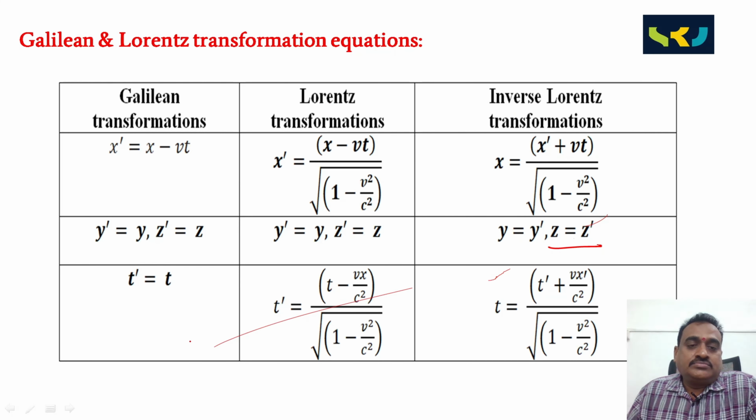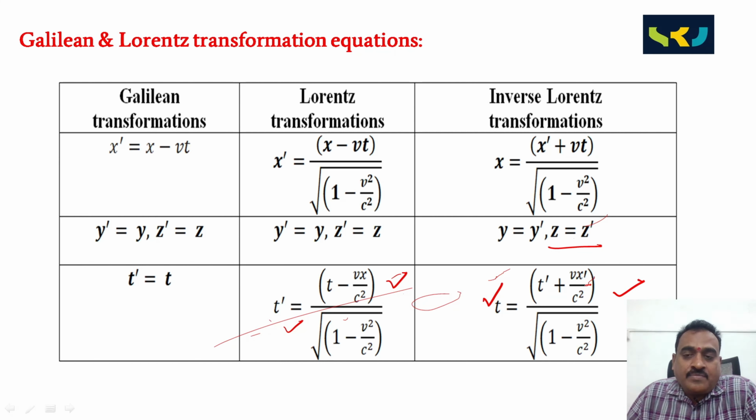In Galilean, t dash is equal to t. In Lorentz transformation, t dash is equal to t minus Vx by C square, all divided by root of 1 minus V square by C square. This is the time Lorentz transformation equation, and this is the Lorentz time inverse transformation equation: t is equal to t dash plus Vx dash by C square divided by root of 1 minus V square by C square.